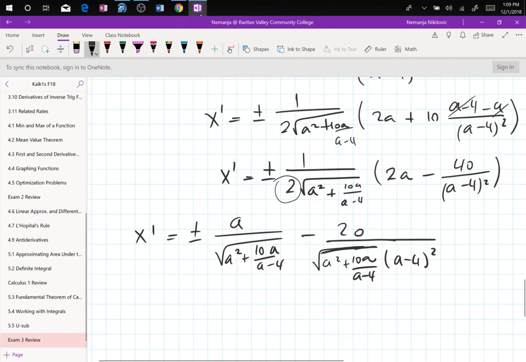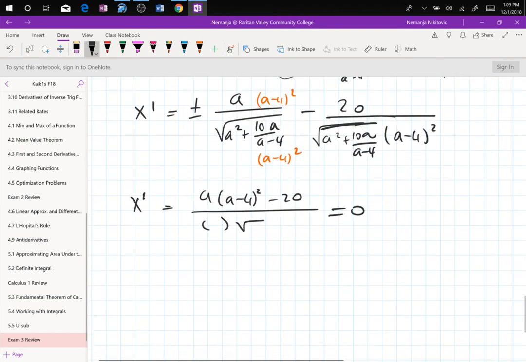So now I need to multiply a minus 4 squared on the other one to simplify, to combine them into a single fraction. And I have a minus 4 squared minus 20 divided by this parenthesis times the square root. We don't care about that because when you set it equal to 0, you only worry about the numerator.